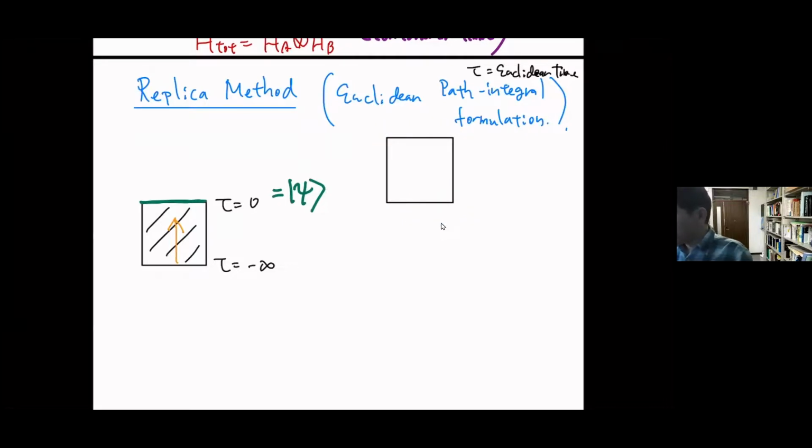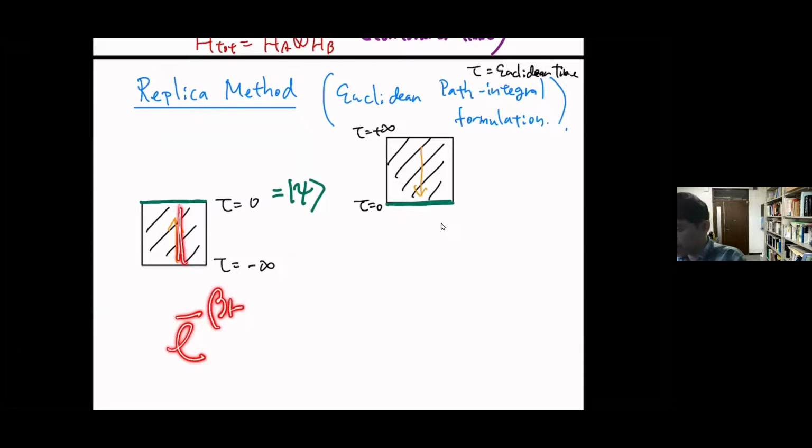On the other hand, we have a path integral from tau equals plus infinity to tau equals 0, and then we can read off a wave functional here. Because this is an infinitely long path integral, it's much like exponential of minus beta H in the limit beta goes to infinity.